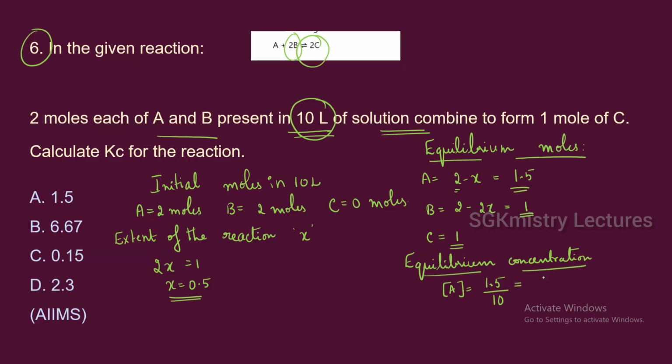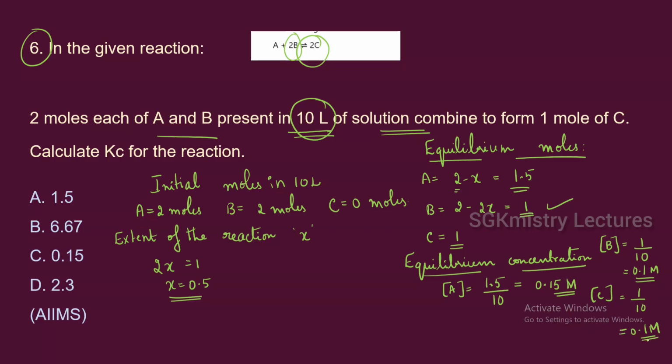So 1.5 by 10 will give you 0.15 molar. Same way, I can also calculate for B. We have the moles here, that is 1. So 1 divided by 10, we have 0.1 molar. For C, we have 1 divided by 10. So here also we have 0.1 molar. So this is the equilibrium concentration.